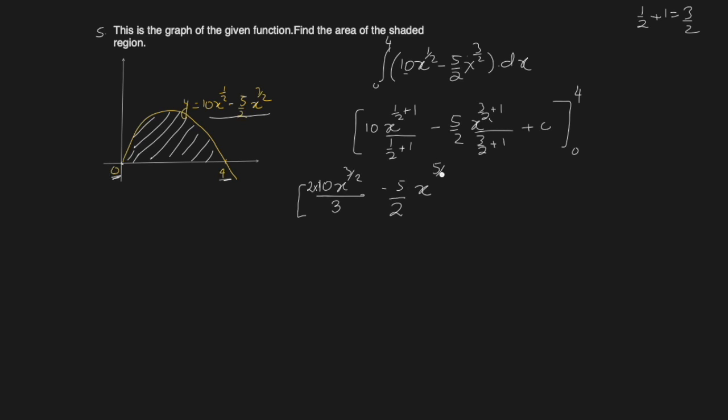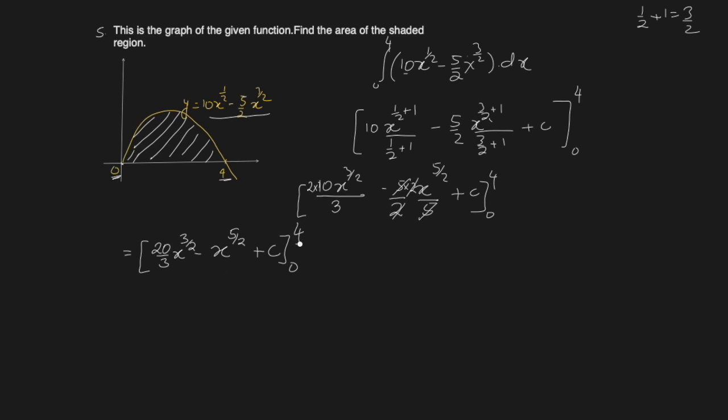So 5 over 2 divided by 5 over 2, and that will multiply with the numerator again. Alright, plus c. So what does it become? 20 over 3 x to the power 3 over 2 minus, 5 cancels with 5, 2 cancels with 2, so nothing left, just x to the power 5 over 2 plus c, from 0 to 4, that I forgot here.